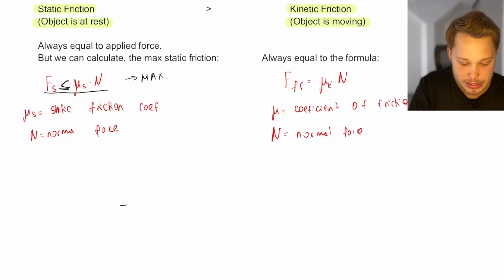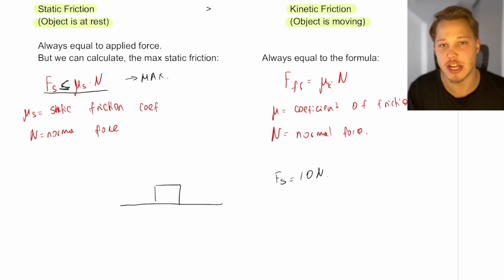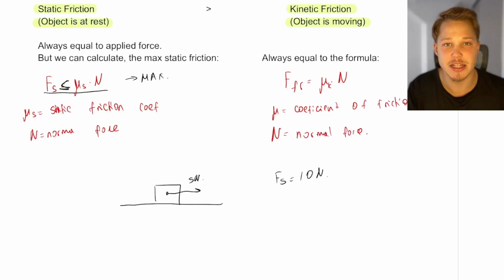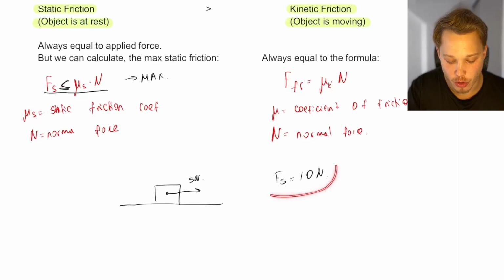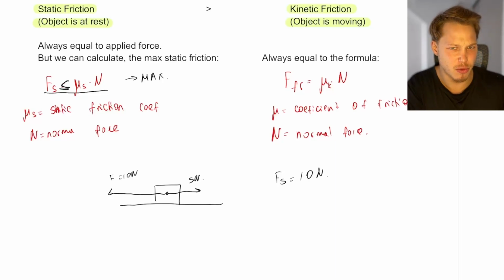Why? Well, let's say, for example, the maximum static friction you calculate is 10 newtons. That is, you need to apply a force of 10 newtons in order to make this box move. But let's say you apply a force of 5 newtons, and the box doesn't move because you didn't apply enough force. It doesn't make sense to say that the static friction force is 10 newtons, because that would imply that the box starts moving to the left.